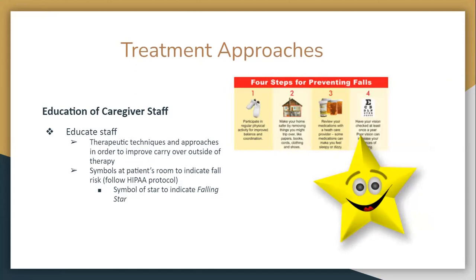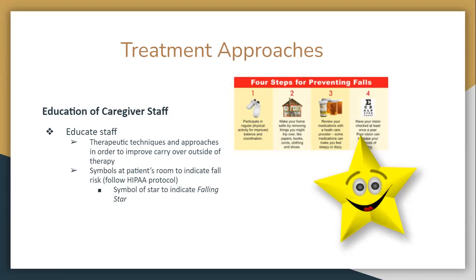I will also leave the memory book with the patient in their room and have the aides or nurse review the memory book periodically with the patient. This will help carry over the concepts learned and decrease their risk of falling.